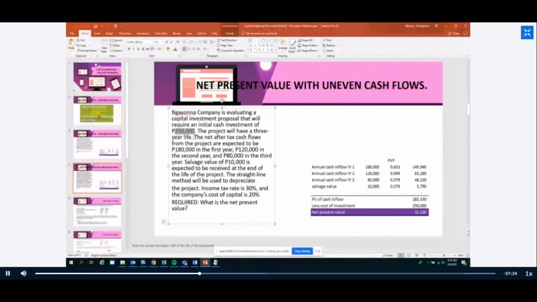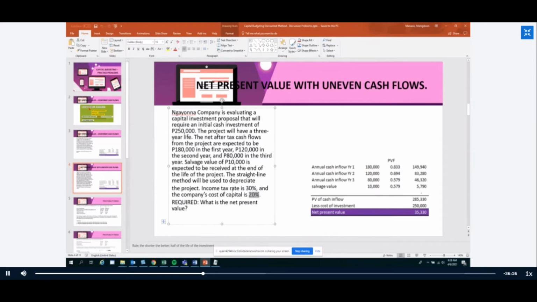The net after-tax cash flows from the project are expected to be 180,000 the first year, 120,000 in the second year, and 80,000 in the third year. Salvage value of 10,000 is expected to be received at the end of the life of the project. Straight-line method will be used to depreciate the project. Income tax rate is 30% and the company's cost of capital is 20%. What is the net present value?